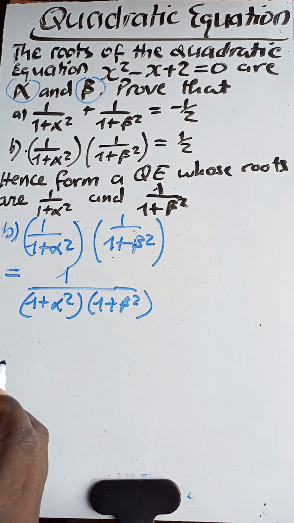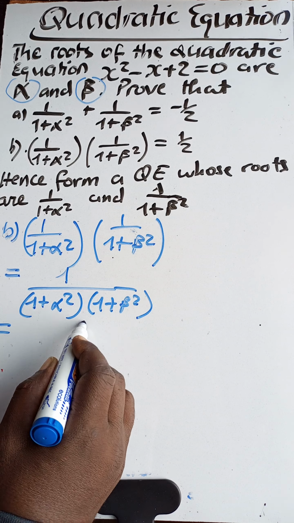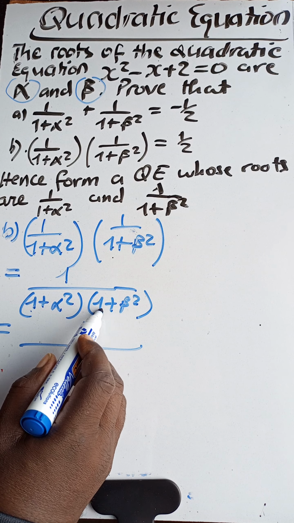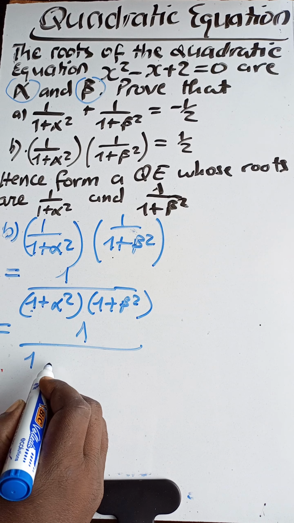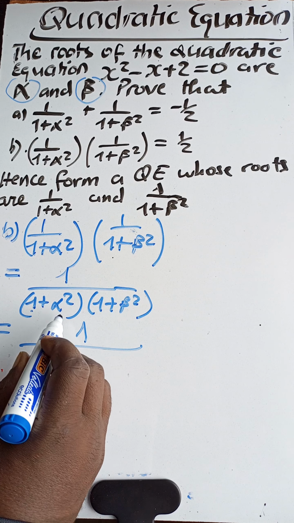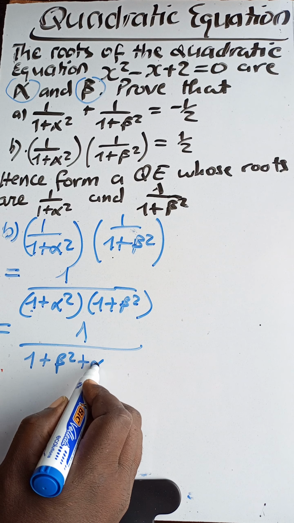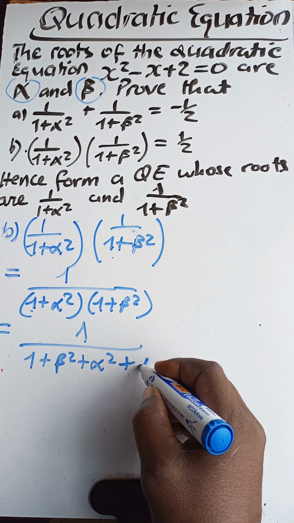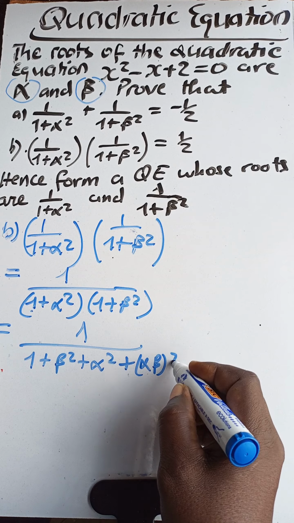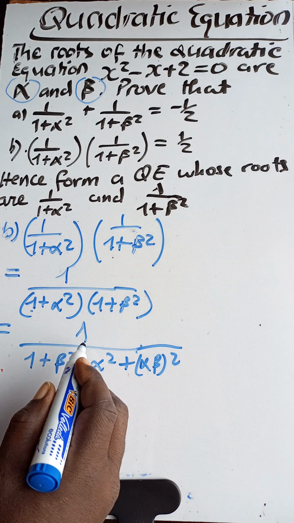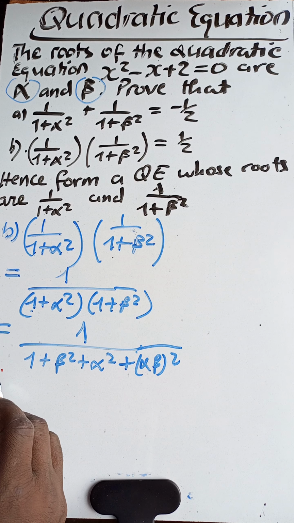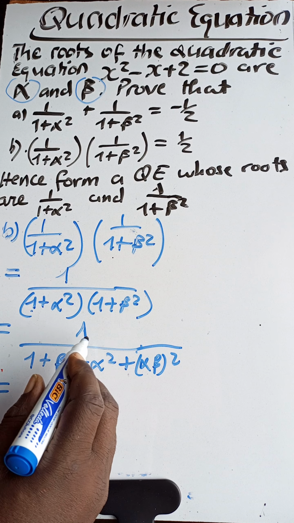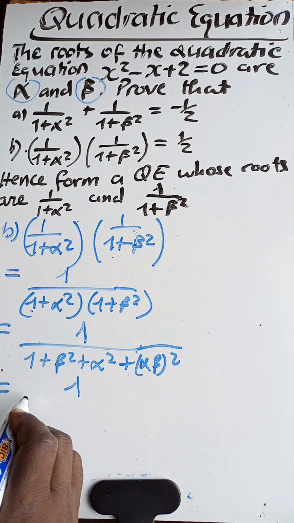Okay, so that gives us 1 all over 1 multiplied to 1 is 1, 1 multiplied to beta squared is beta squared, alpha squared multiplied to 1 is alpha squared, multiplied to beta squared is alpha beta all squared. Okay, so this gives us the same arrangement that we had earlier on.